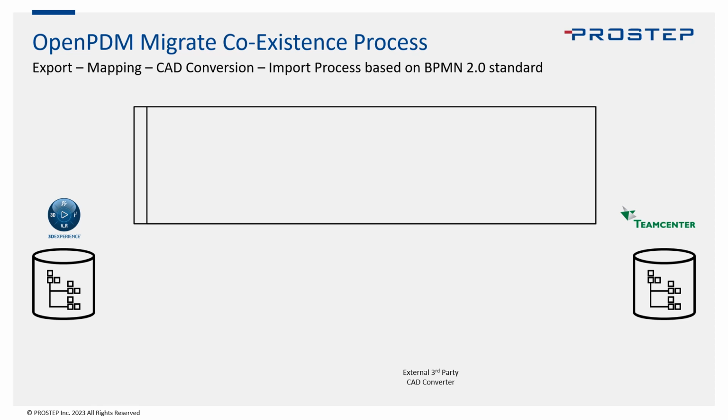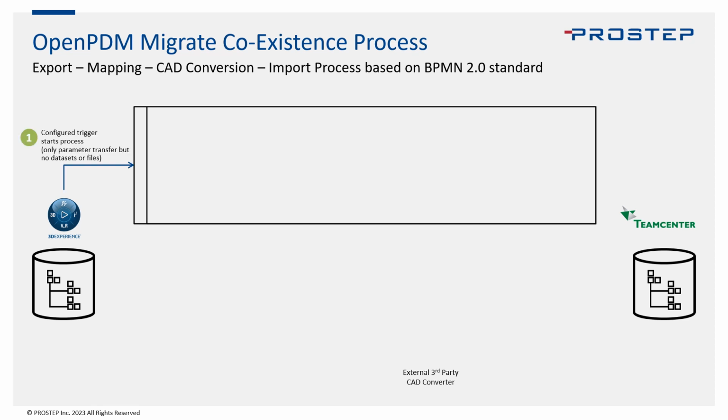We also combine that with batch processes to load the data in the other system, so that we can do an initial load and then continued updates as new things become live in either system. We use our OpenPDM migration cockpit and OpenPDM process server, based on Camunda, to do those types of processes.